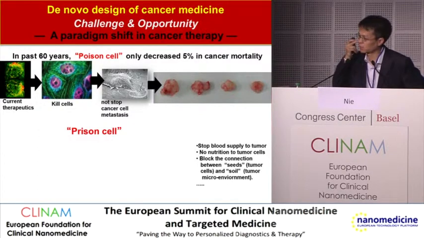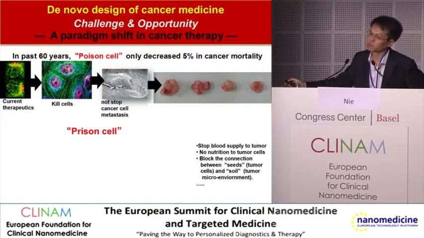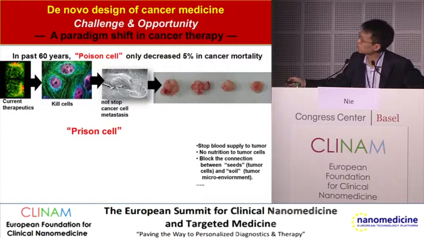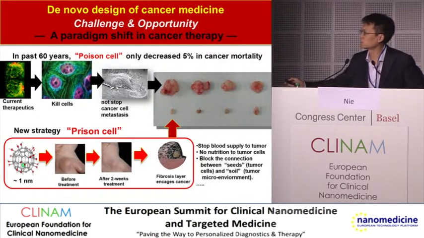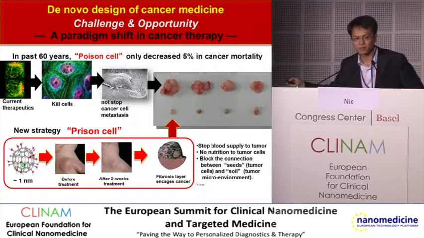They are totally based on the structure-specific functionality of particles. We all know that the poison cell strategy has a lot of problems. So how about we shift to this new paradigm by, for example, blocking the blood supply and the nutrition supply, and blocking the connections between tumor cells and their microenvironment. So we can have this prison cell strategy.